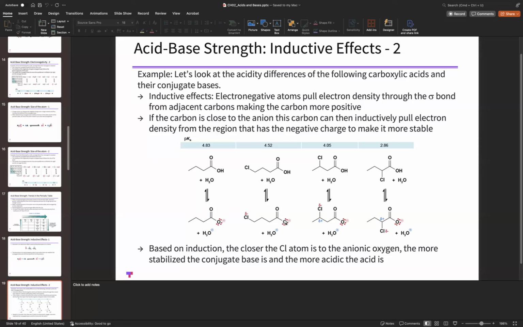It can pull some of this negative density towards itself to stabilize this part, the oxygen with a negative charge. Here it can pull with more force because it's closer. And here it can pull with even more force because it's even closer, the closest. So this is known as the inductive effect of either an electronegative atom or an electronegative group, where the negative charge is pulled towards it and thereby stabilizes the location where acidity or basicity is determined.